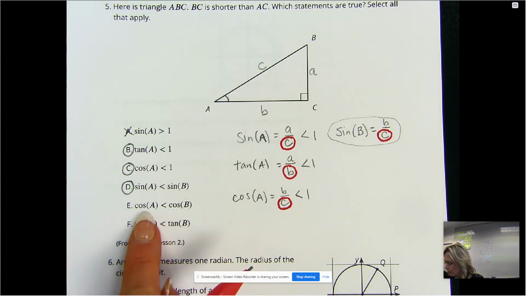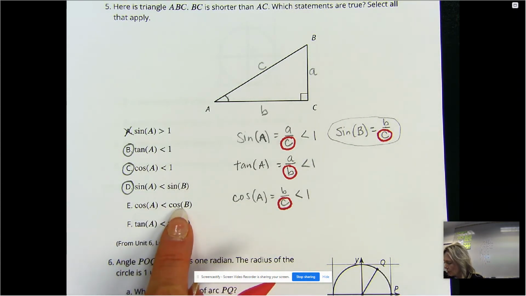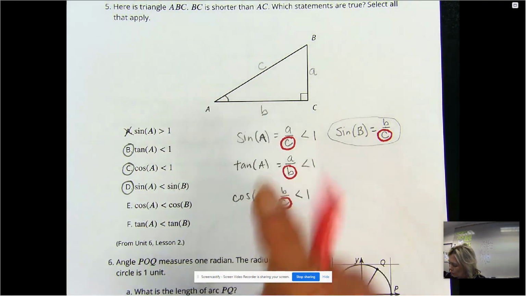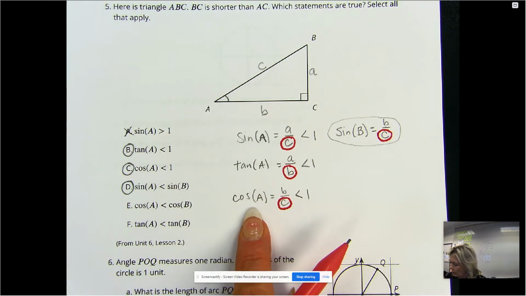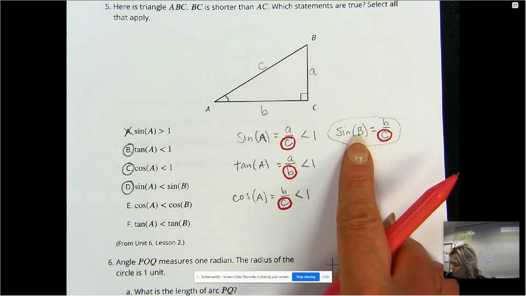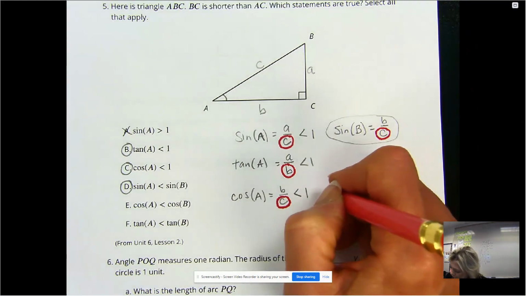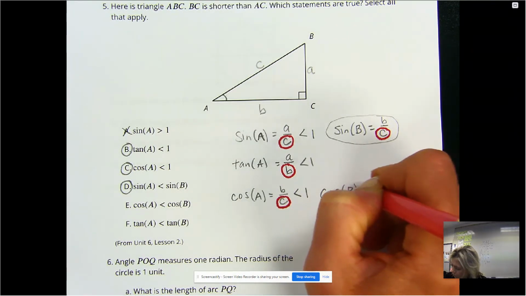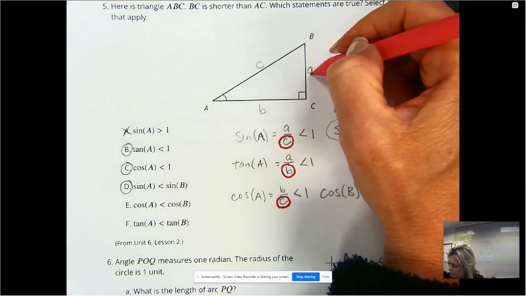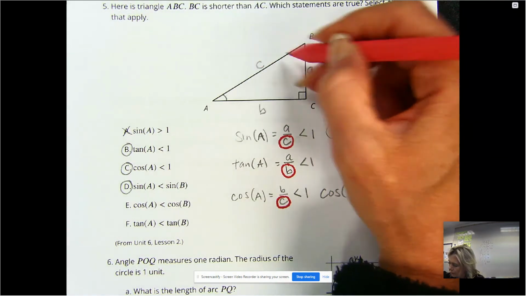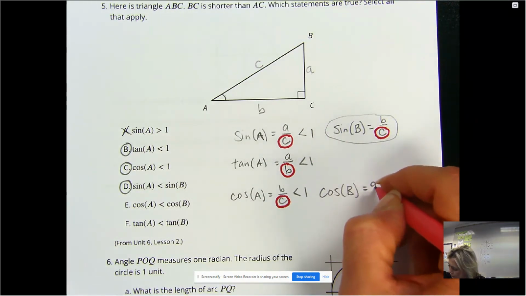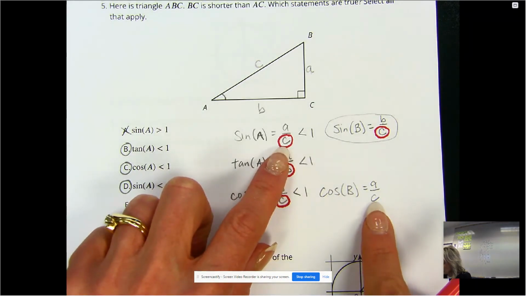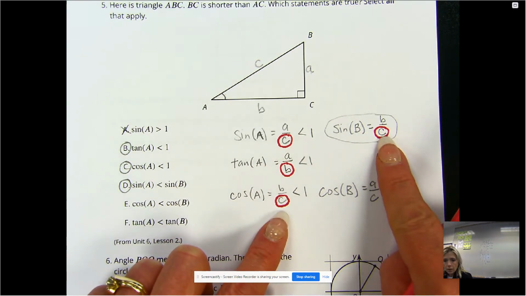Okay, this one is comparing cosine A with cosine B. So I think that gives us the opposite ratios. We have cosine A right here, which is the same as sine B. Cosine B is going to equal its adjacent over the hypotenuse, A over C. So we have the same ratio in these problems.